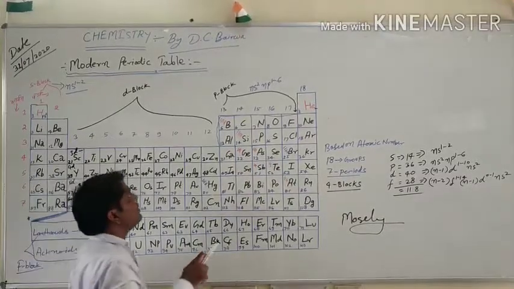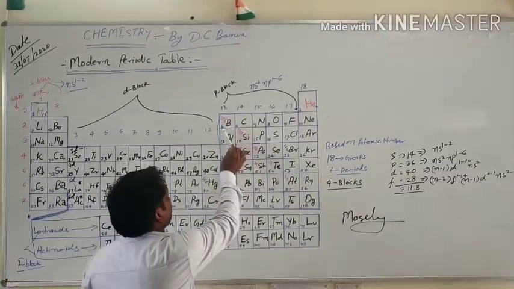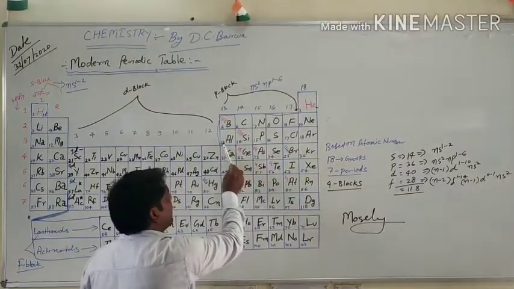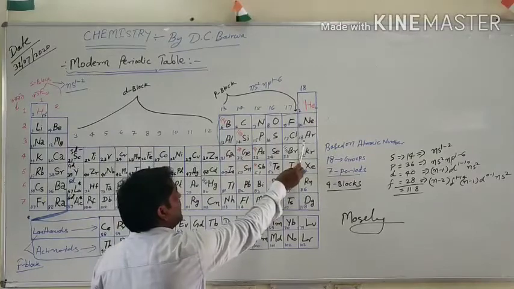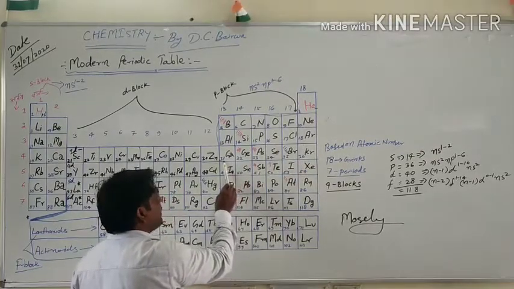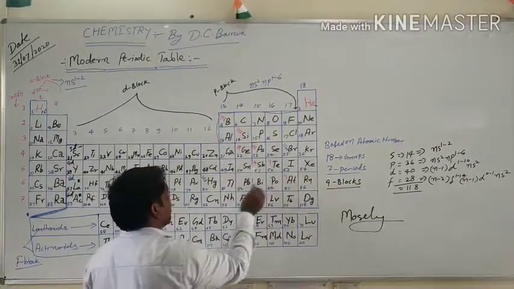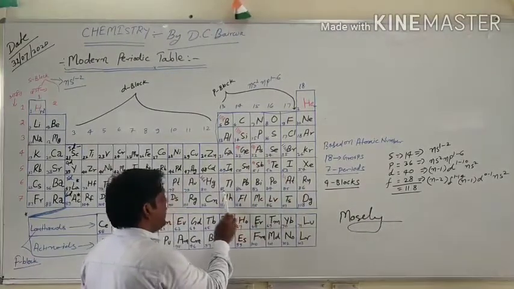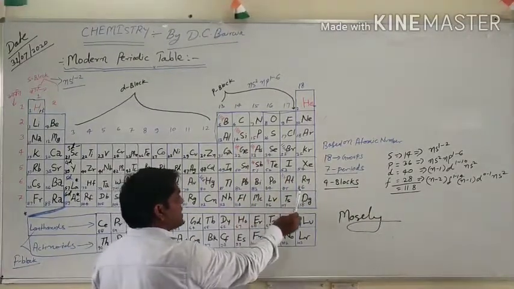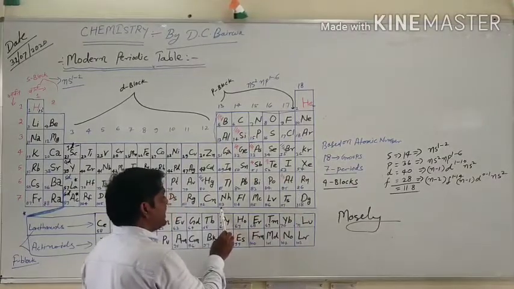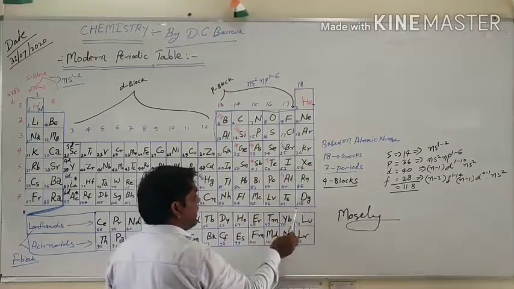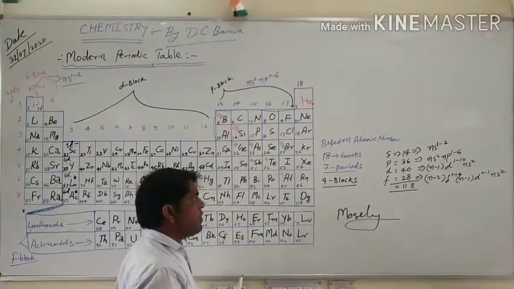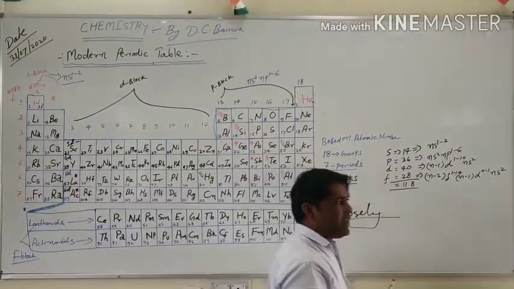In P block, see here, 5 boron to 10 neon, 13 aluminium to 18 argon, 31 gallium to 36 krypton, 49 indium to 54 xenon, 81 thallium to 86 radon, 113 to 118. So we can say in P block total 36 elements are present.